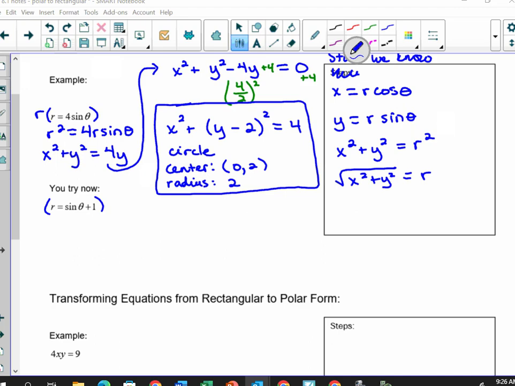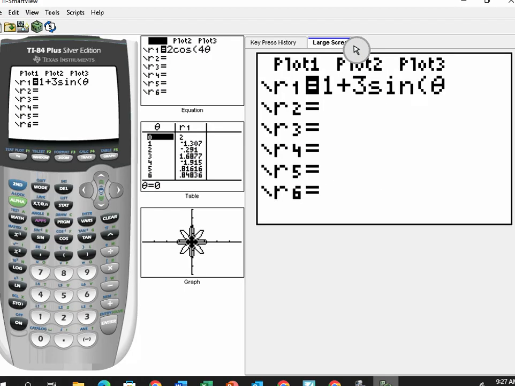Wait, so is the first example a circle in polar? Yeah, I'll just show you. But why is it not a rose? Isn't a rose like parentheses, and a rose had a coefficient on the theta?